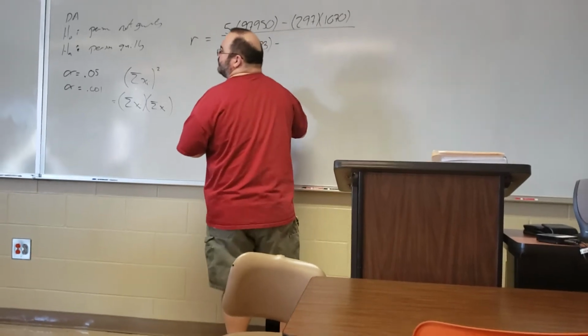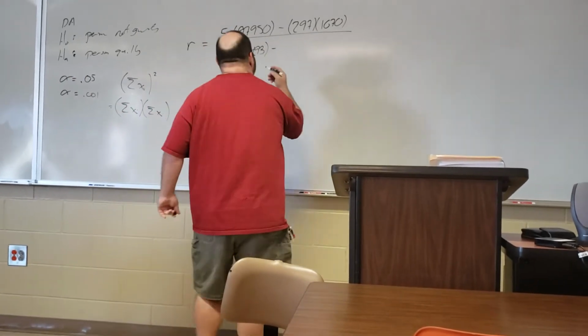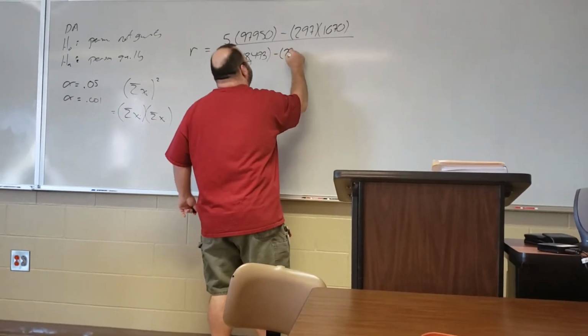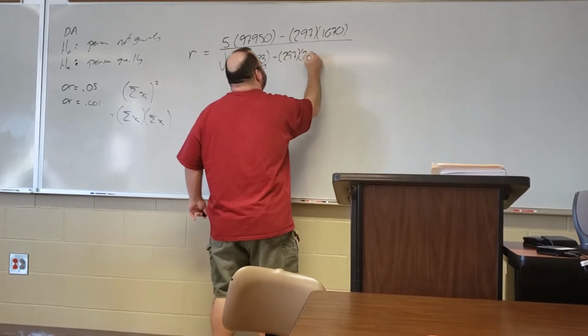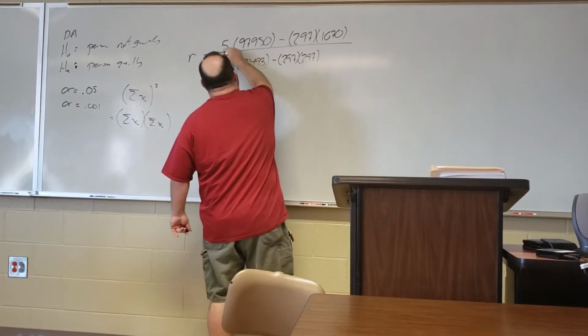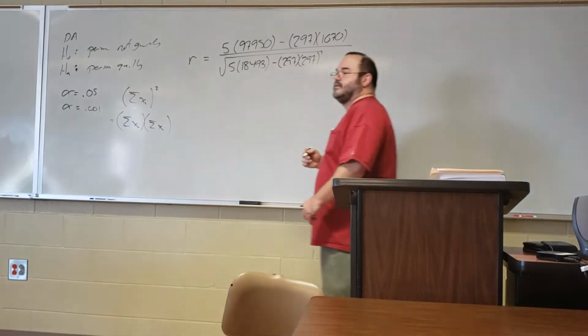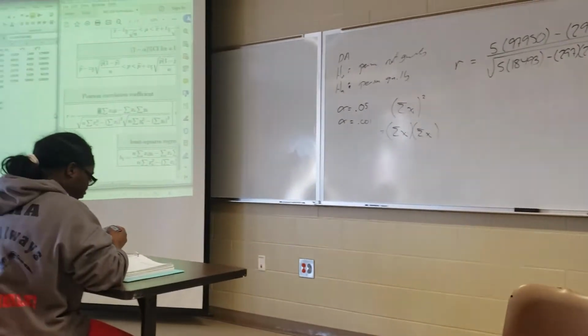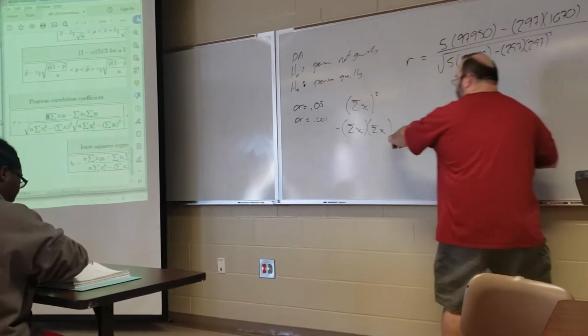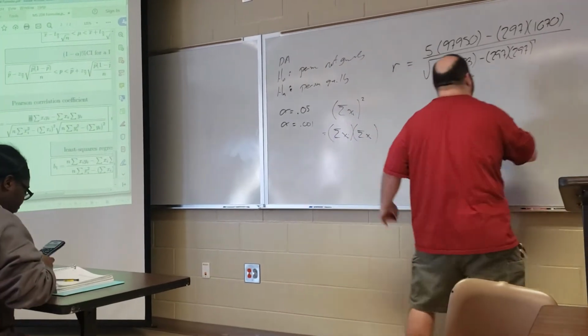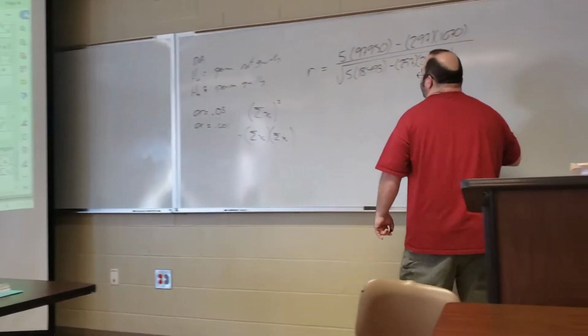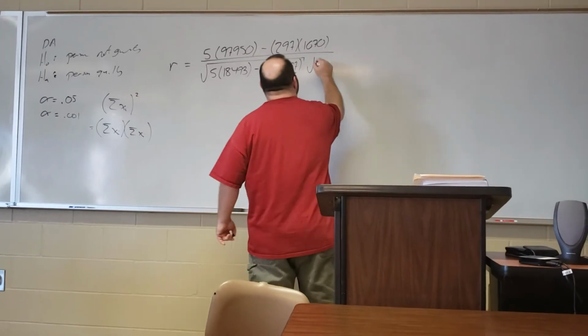If you want to write this as 297 times 297, you can do that. That's going to look more like what the formula is going to look like. Exactly.